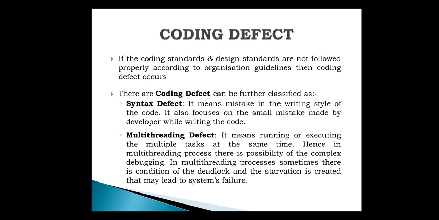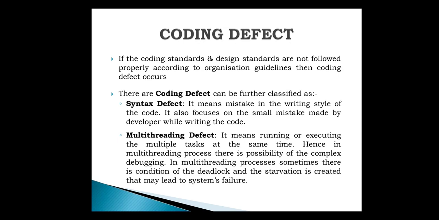In multi-threading processes, there is a possibility of complex debugging. Sometimes there is a condition of deadlock. What is a deadlock? If one process is waiting for another process and that other process is also waiting for the first process, both processes are in the waiting phase, and that is called a deadlock.